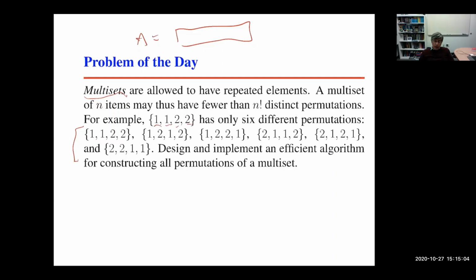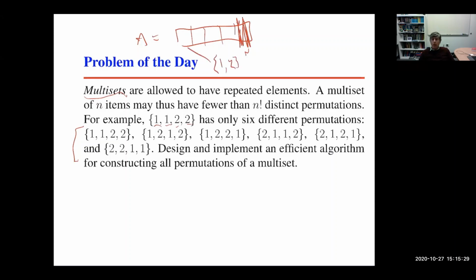The easiest thing would be to create an array with n slots, and each one is going to have one of the distinct elements in it. Everybody see it? In this case, I would have 4 slots, and every slot could in principle be a 1 or a 2.